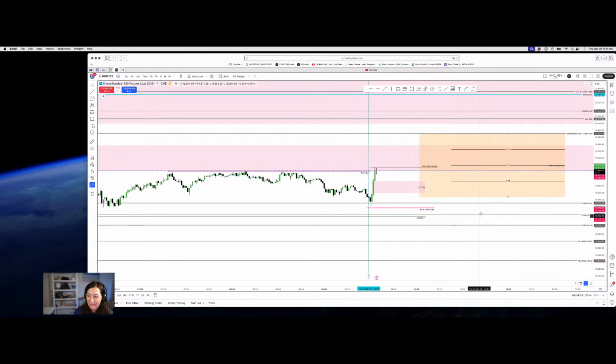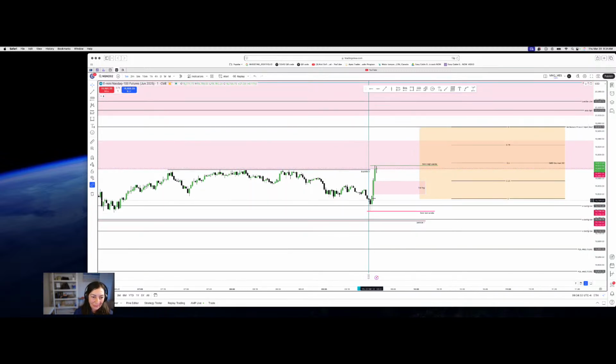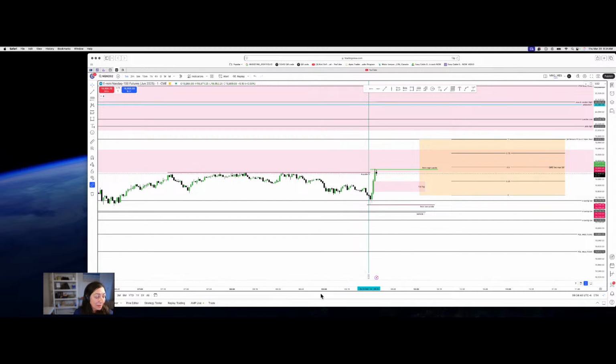Okay, our last 5-minute candle has 19 seconds left to print. And then we should see where price wants to gravitate towards.